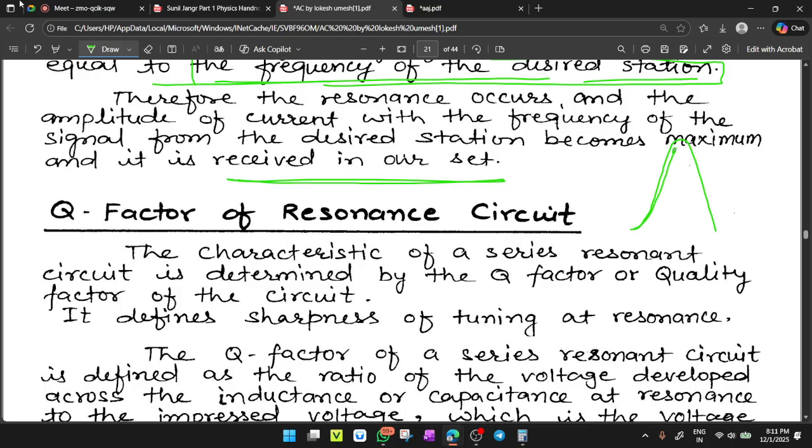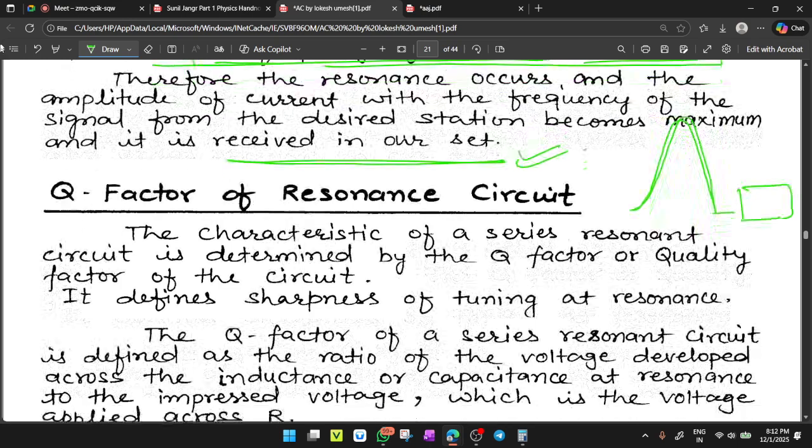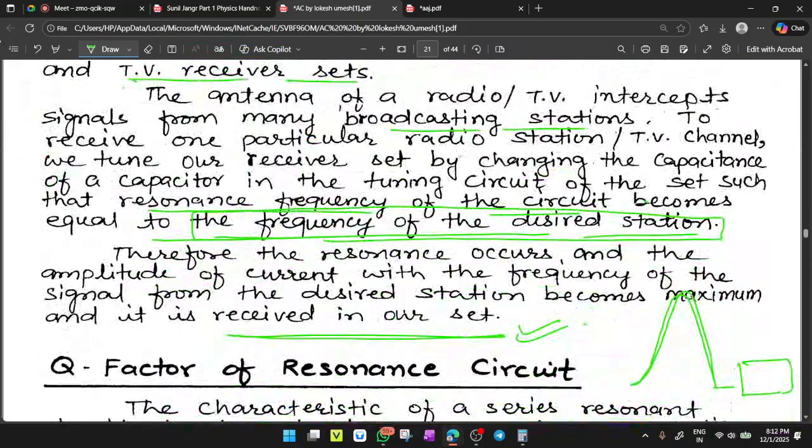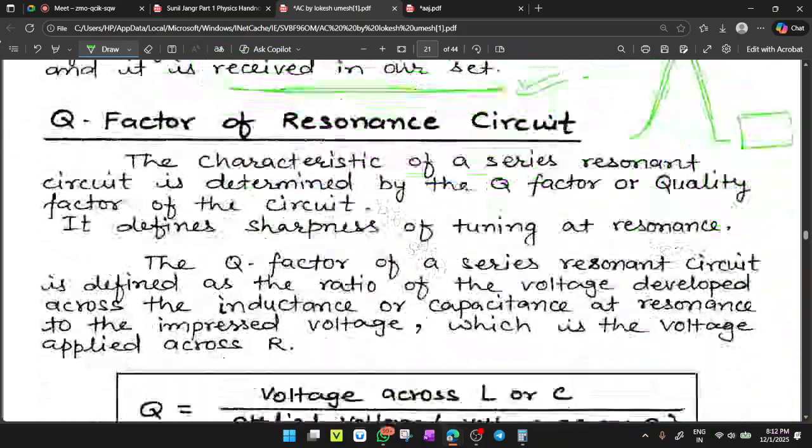You will hear the broadcast over your radio set, or you can tune your channel on the TV set. So this is the application of series resonance.